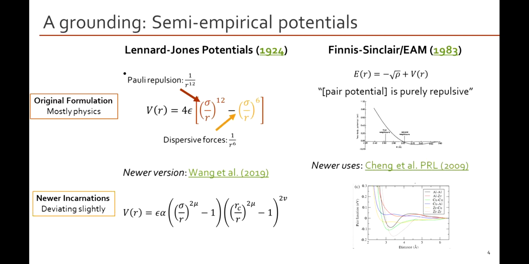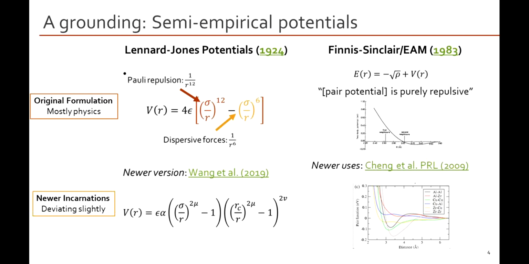There's a 1 over r to the 12 term, which mimics Pauli repulsion, which is a force of, if I push atoms close enough together that their core electrons interact with each other, I can model that force as a 1 over r to the 12 relationship. And also this dispersive component, which models van der Waals interactions between two valence electron clouds of the atoms, and that we know from physics relates to 1 over r to the power 6.